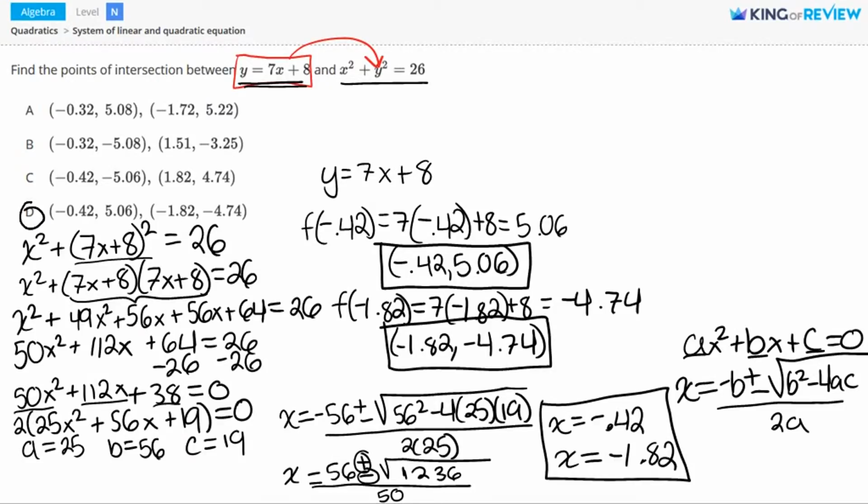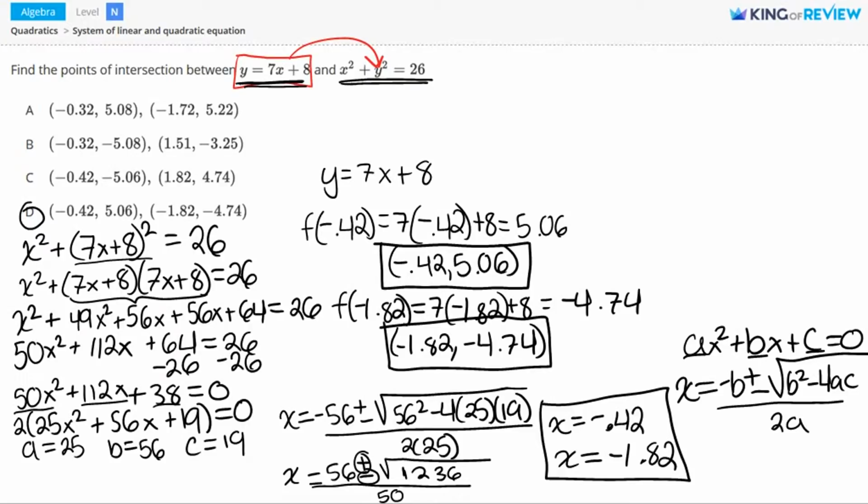Letter D is correct. So what we did is solve using substitution, which is algebraically, but you can also solve by graphing. You can use your graphing calculator and plug in each of these equations and then solve for the points of intersection. I'm going to do a quick plot here of what these two graphs look like.